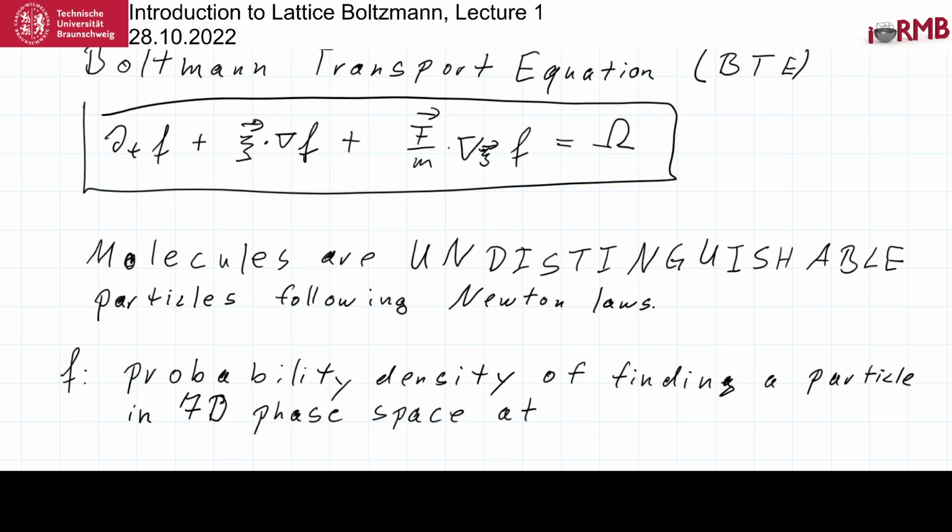And this phase space is composed of the location. We write r, the location vector, which is x, y, z. So this is the position. So these are 3 of these 7 variables.